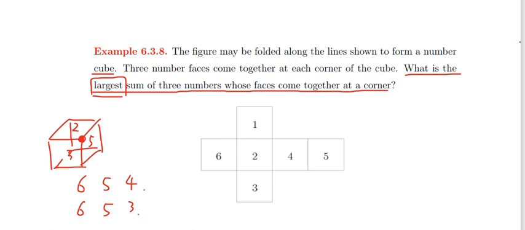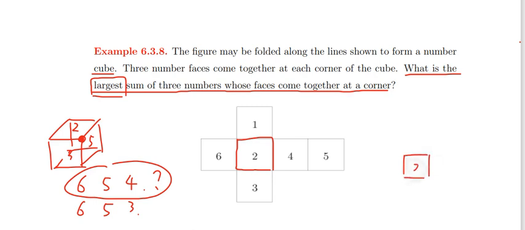So can we have this? We want to make this. So let's say make a box. Suppose we use this face, and put this 2.